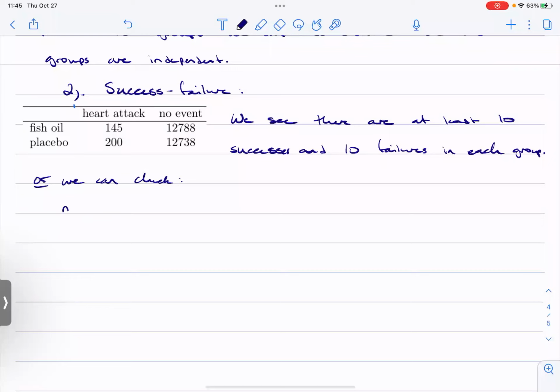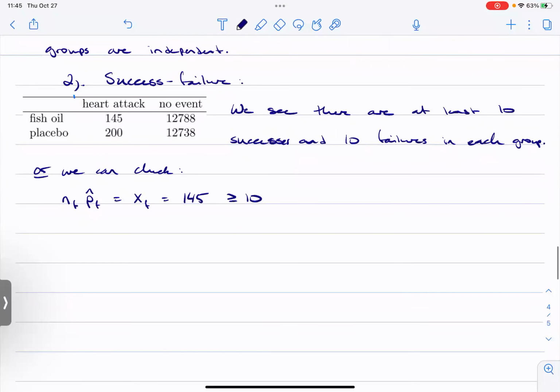And so then you would have N F, P F hat, which if you have X F, that's great, is 145, which is greater than or equal to 10. N F times Q F, which is N F minus X F, the number of failures, is 12,788, which is also greater than or equal to 10. This is group 1.